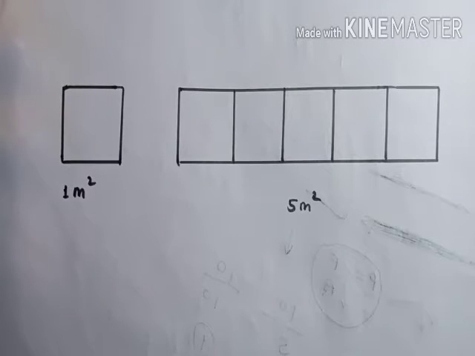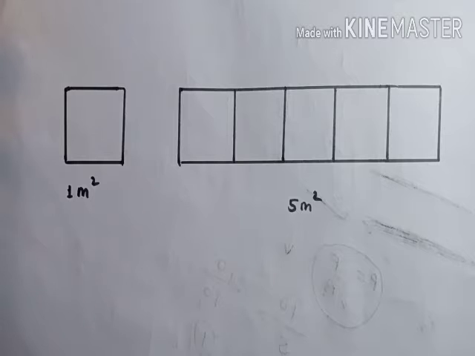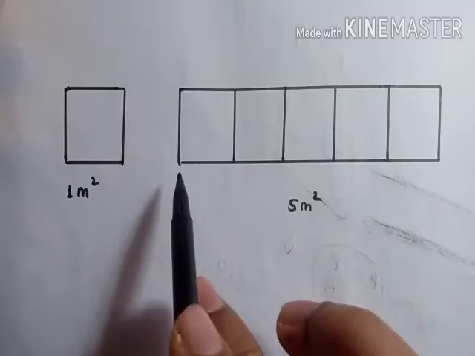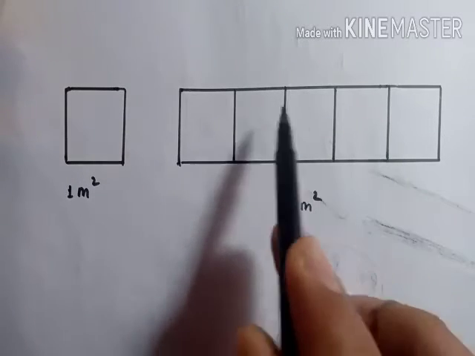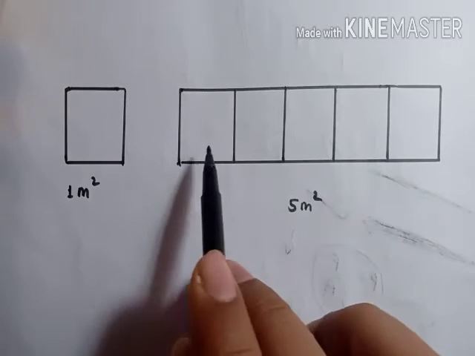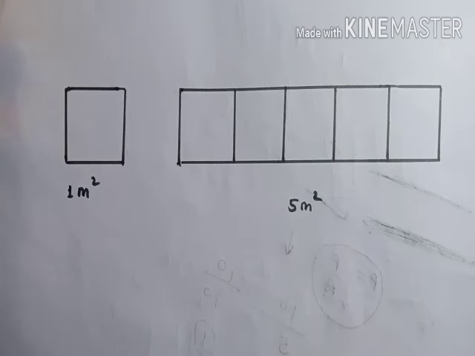Here we have some blocks, and the area of each block is 1 square meter, and you can count 1, 2, 3, 4, 5. In another object there are 5 blocks, and the area becomes 5 square meter.